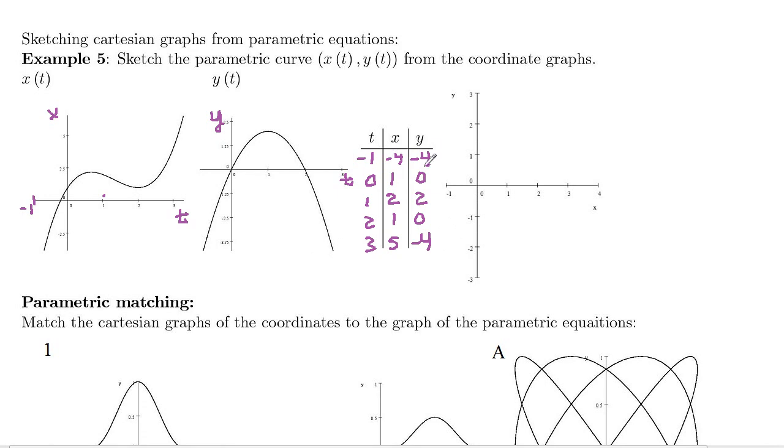So now we can graph our xy ordered pairs. So our -4, that's actually off the graph, but when t equals 0, x is 1 and y is 0. So that'd be right here. That's t equals 0.